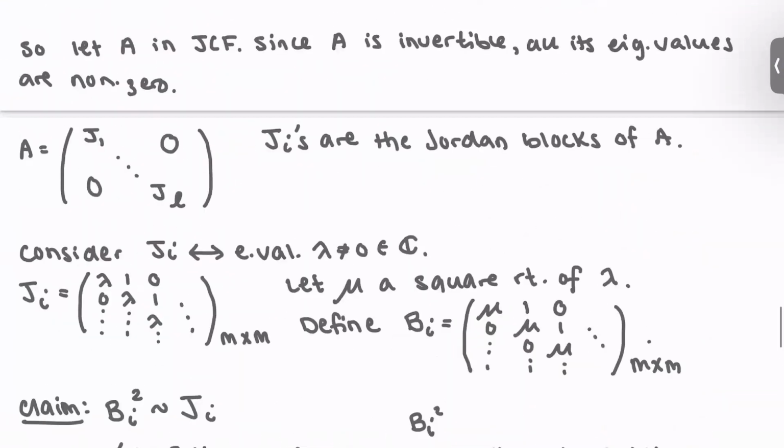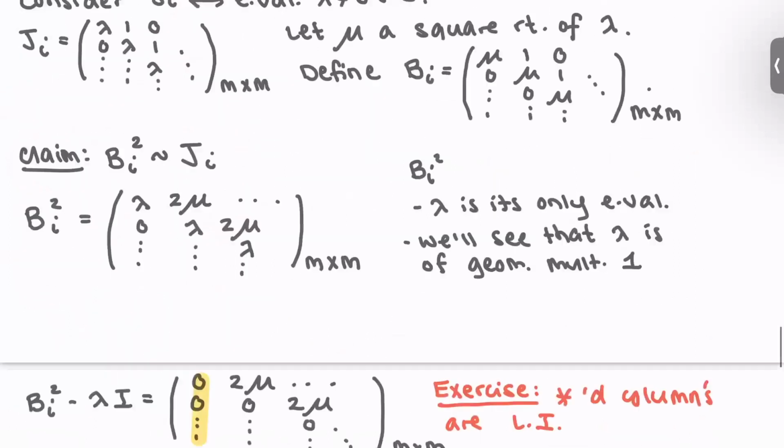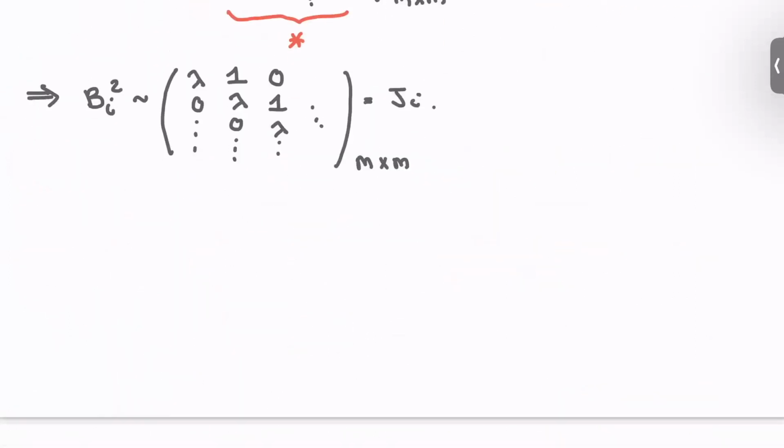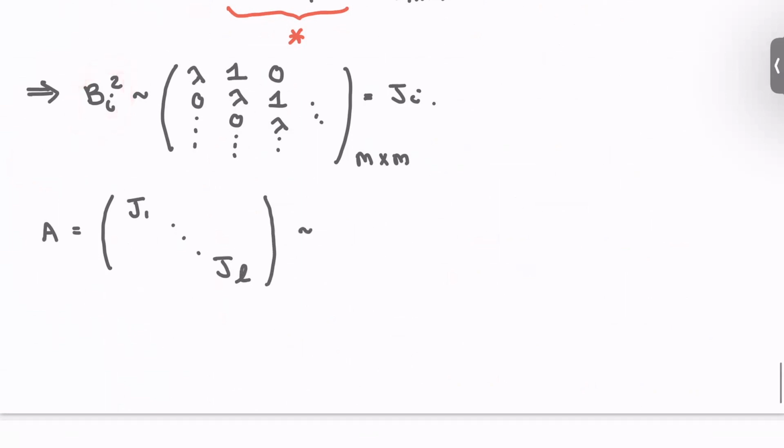Remember, A is written in Jordan canonical form already. So let's come down here. We'll say A is equal to, we're assuming it's in Jordan canonical form, J1 through JL, I think was what I was using. Well, I know each of these Ji's is similar to a Bi squared. So this is going to be similar to B1 squared through BL squared.